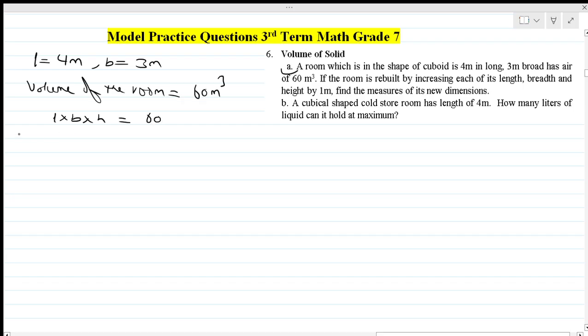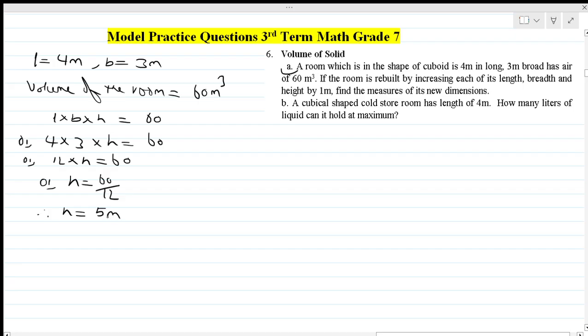Length and breadth are given, 4 and 3. I'm not keeping units right now, at the end I'll keep them. So 4 times 3 is 12, into H equals 60. So H is 60 divided by 12. Therefore H equals 5 meter. So the height of the room we got here is 5 meter.